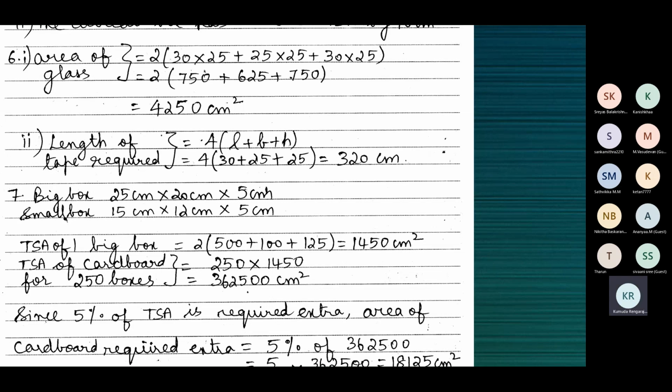So here we know we need 6 glass panes to build this herbarium. How will you hold the glasses together? The edges are fastened with tape. You can see that.